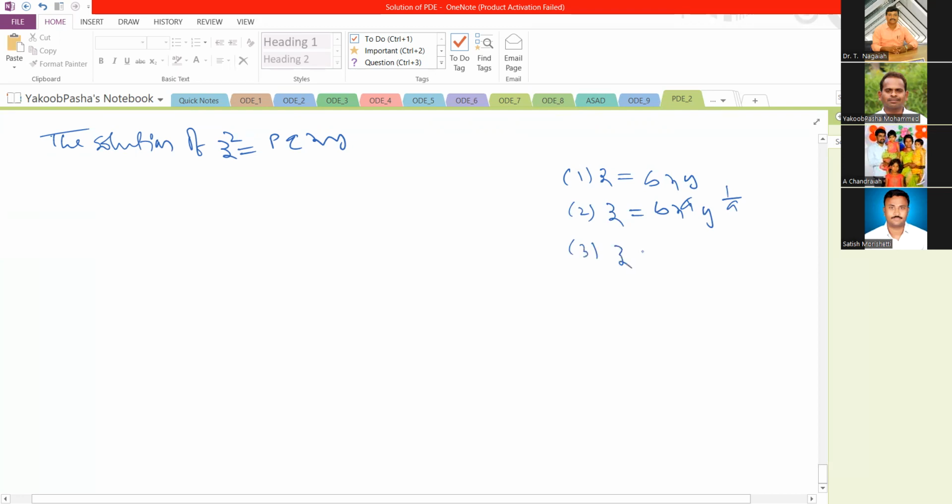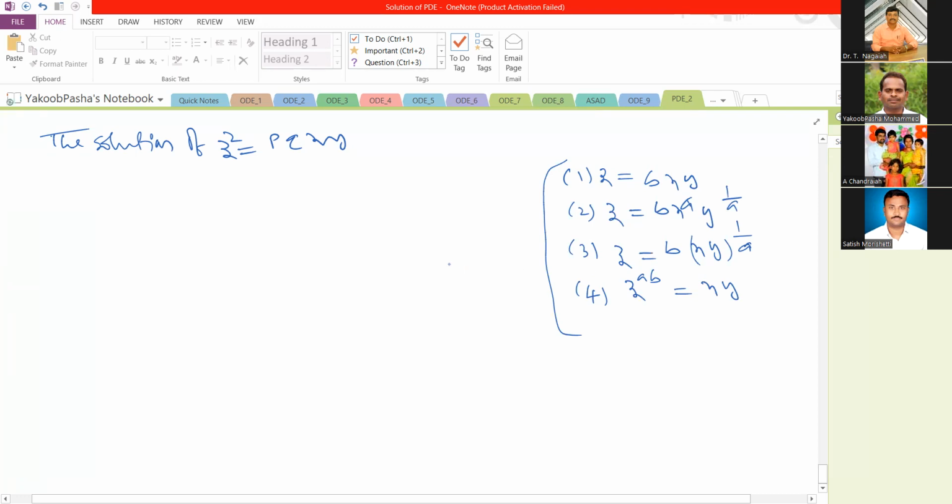Third option, z is equal to b into xy whole power 1 by a. And fourth option, z power ab is equal to xy. The options are simple, the problem is not like big. Here also two options may be correct, let's see.